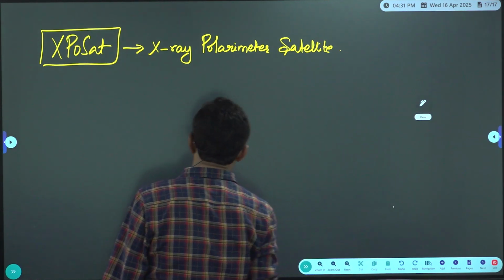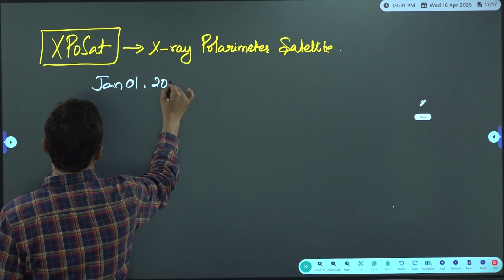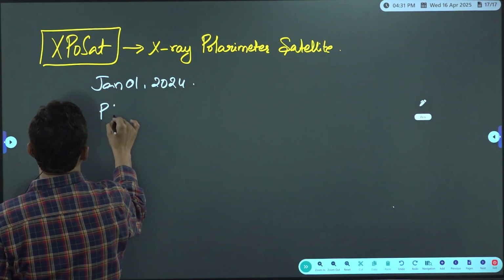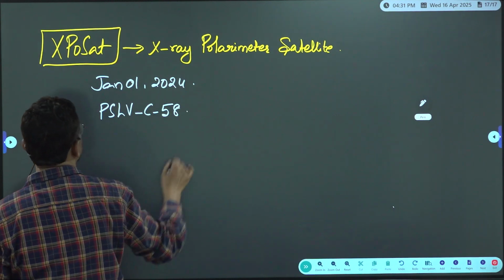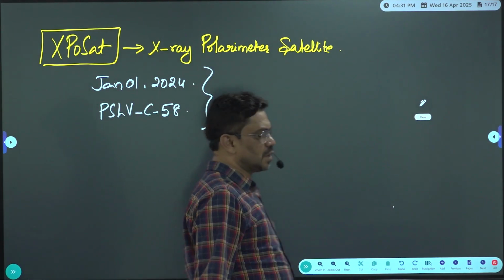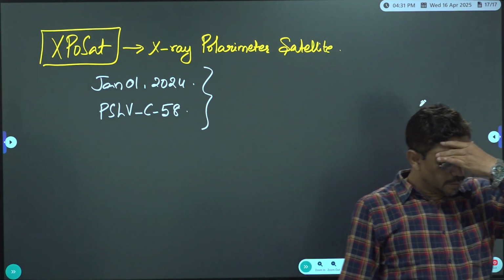It was launched on January 1st, 2024 by using PSLV C58.